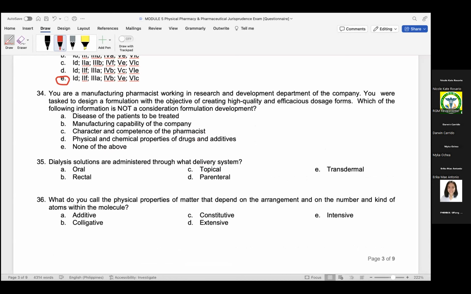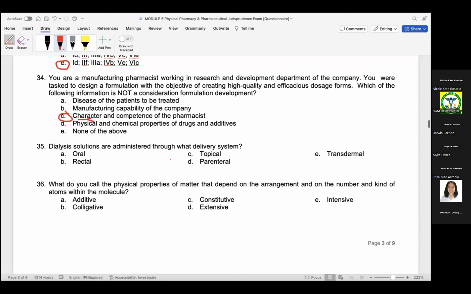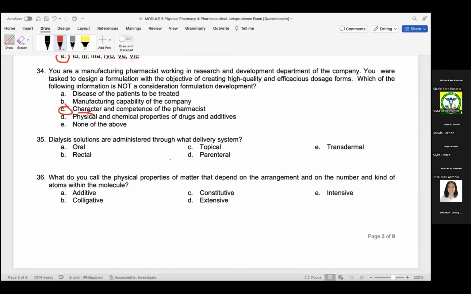Disease of the patient, manufacturing capability, character, and competence of the pharmacist, physical and chemical properties of the drugs, or none of the above. The correct answer here is letter C. Walang pakialam ang drug development sa character mo. Diba? Although somehow it will affect your work ethics, ganyan, but not important in research and drug development.